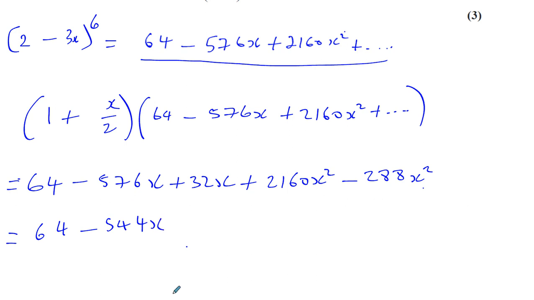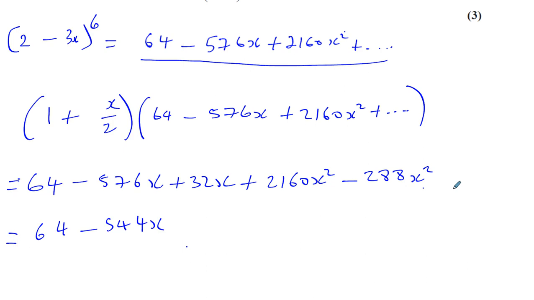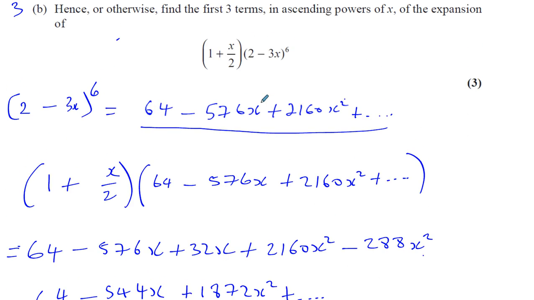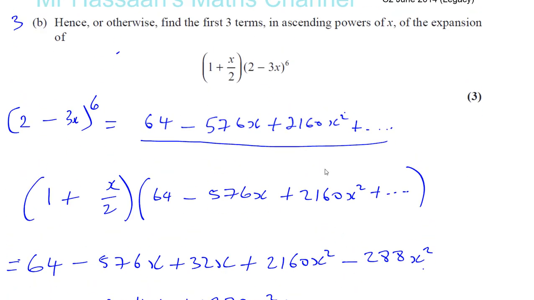And then you've got 2160 minus 288. That will be the x squared term, which gives you 1872, which will be positive, 1872x squared. Okay, and those are the first 3 terms in the expansion of what they told us to expand. Okay, so there we have the answer to part 3b as well.